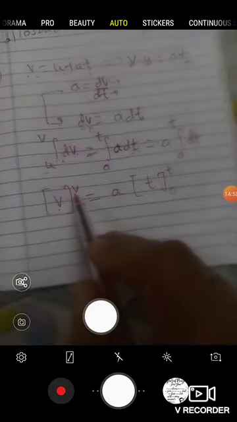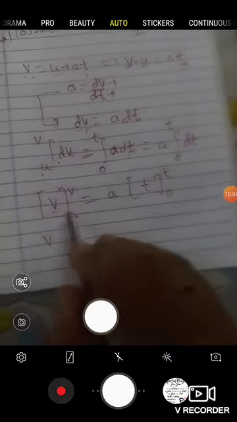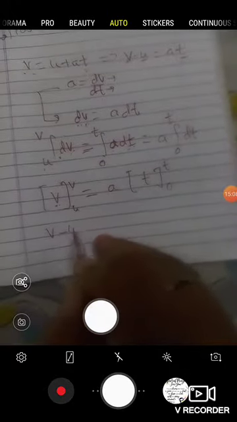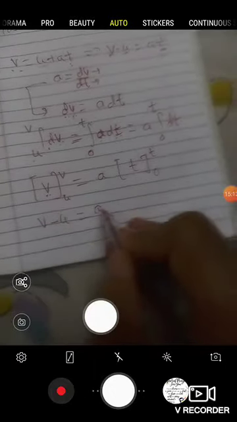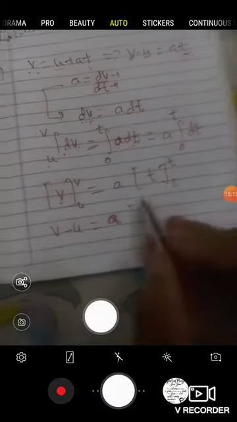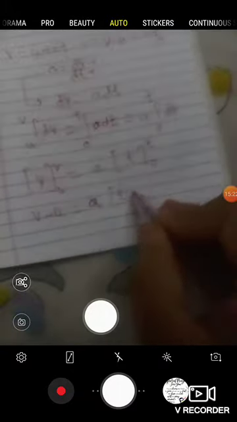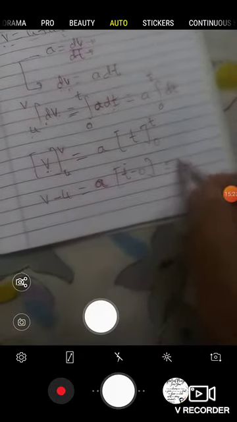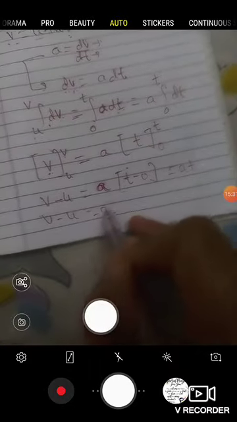So in place of v, I will put the upper limit v, and in place of this, I will put the lower limit u, so upper limit minus lower limit, v minus u is equal to a, which will come as it is. Now here again the upper limit is t, so I will write t, and the lower limit will be minus 0. So t minus 0 is what? t. So I will get a t. So I will finally write v minus u is equal to at.